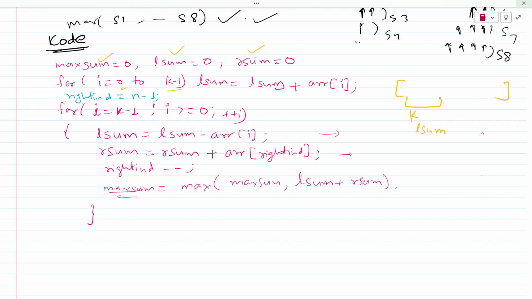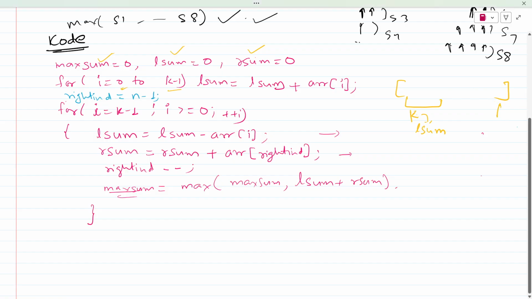So in this LSum we have initially stored the sum of these k elements. Now I have taken one more index, rightIndex, that is pointing to the last index of the array.